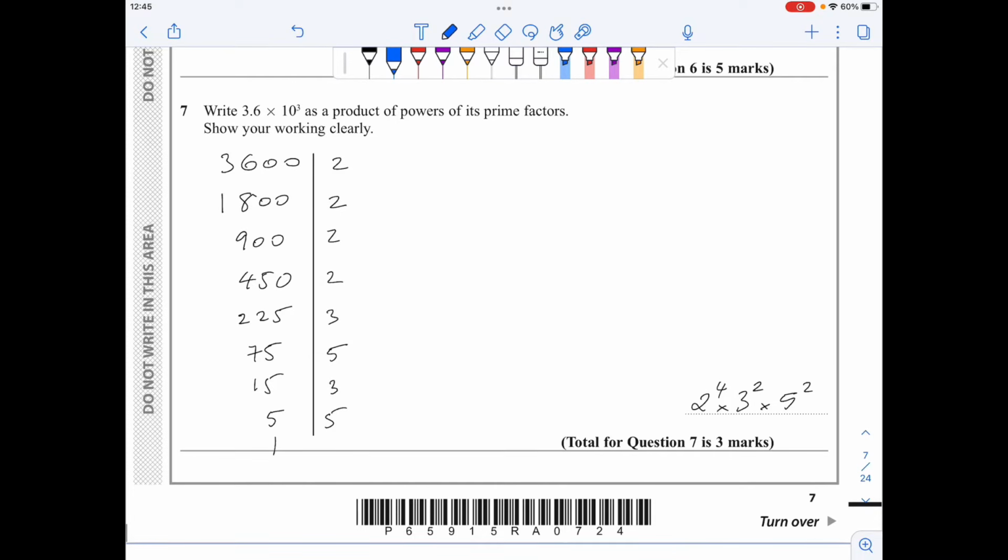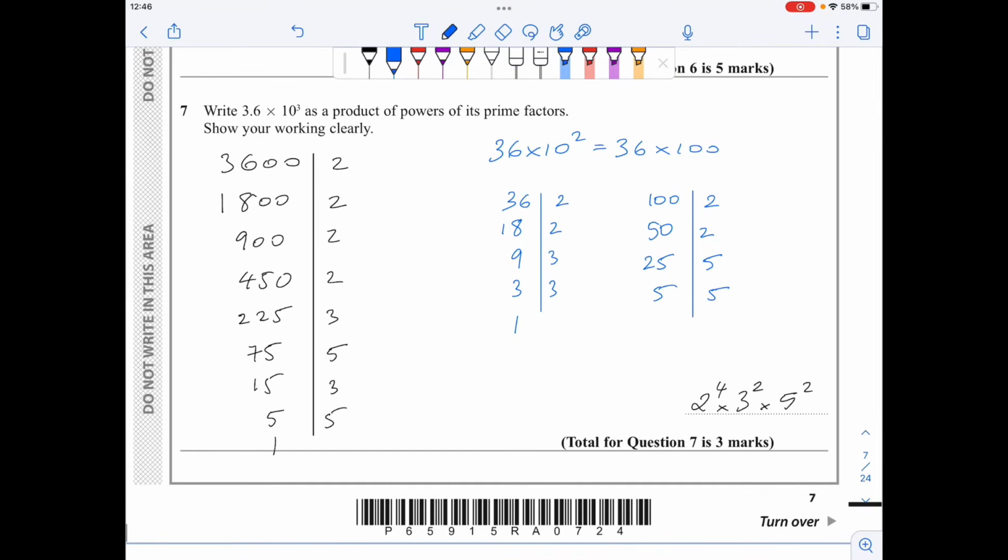Now, alternatively, I can write this number as 36 times 10 to the power of 2, which is 36 times 100, and I can find 36 and 100 as powers of prime numbers. 36 can be divided by 2, 18 by 2, 9, 3 will give me 3, then 3 will give me 1, and 100 will be divided by 2, will give me 50, by 2 again will give me 25, 5, 5, and then 5, 1.